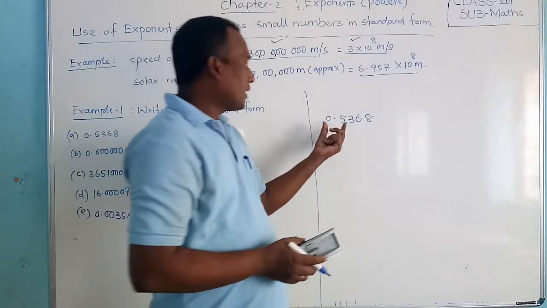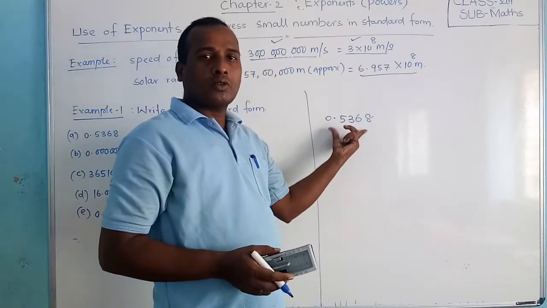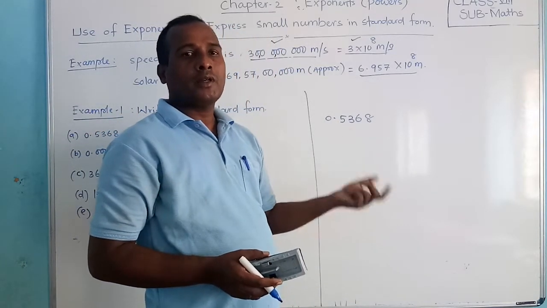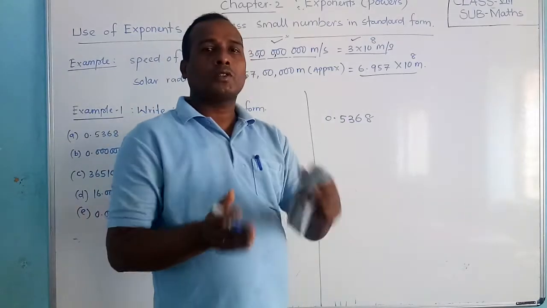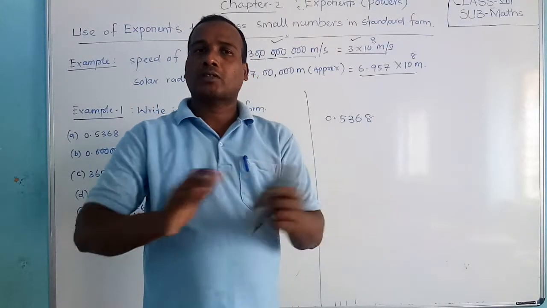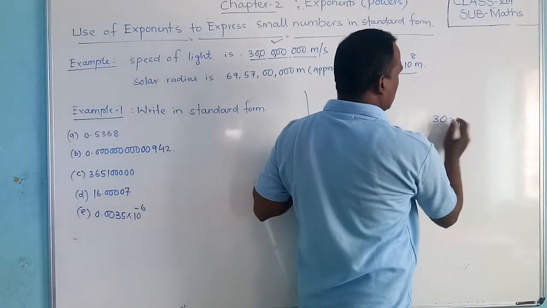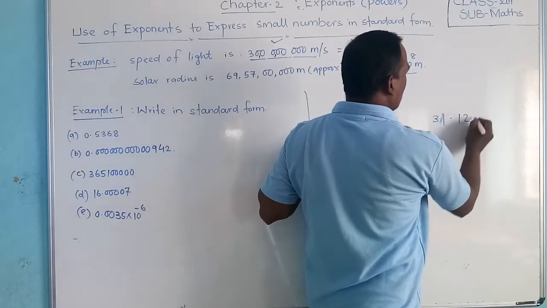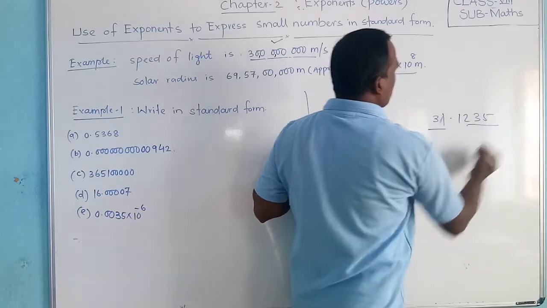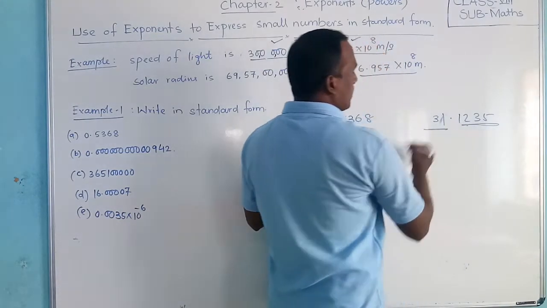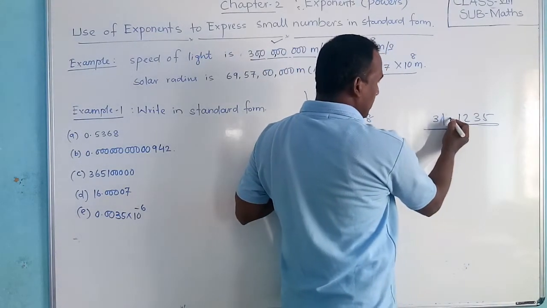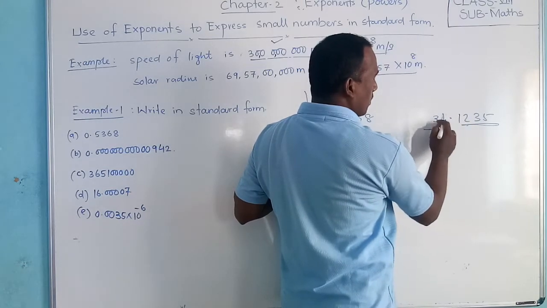That means there are two parts of a decimal number. Already I have told you, when we studied decimal numbers, there are two parts: one is the whole number part, another is the decimal part. Suppose 31.1235: this is the decimal part, this is the whole number part.